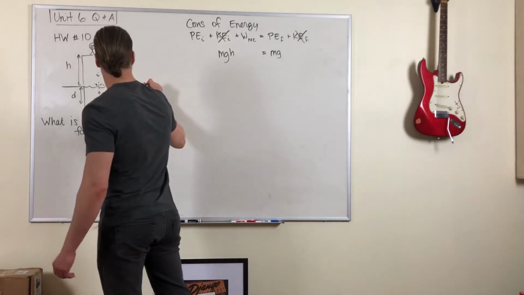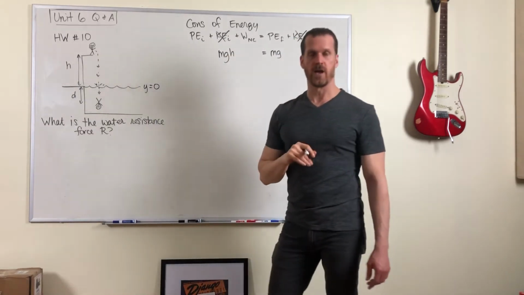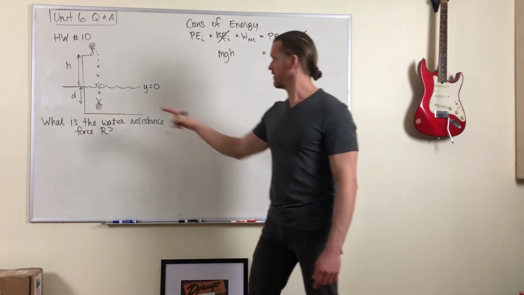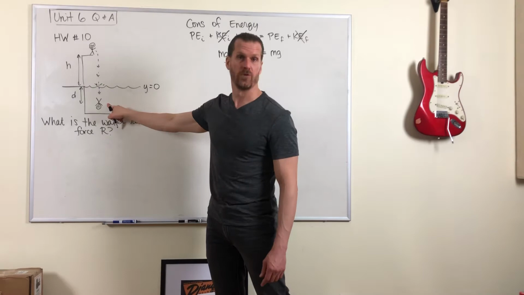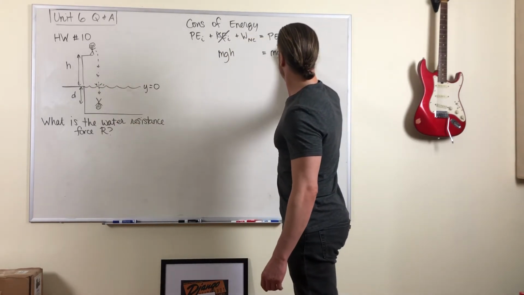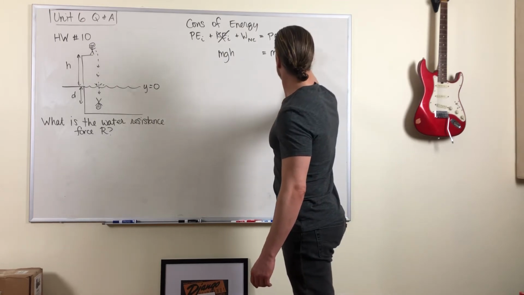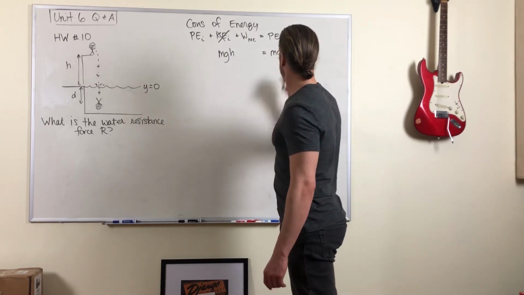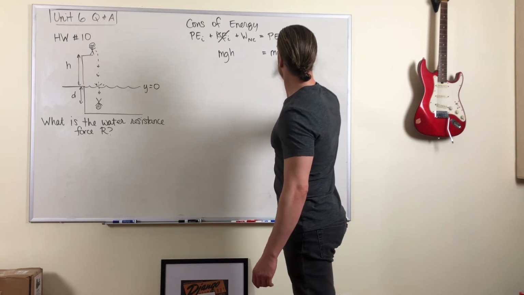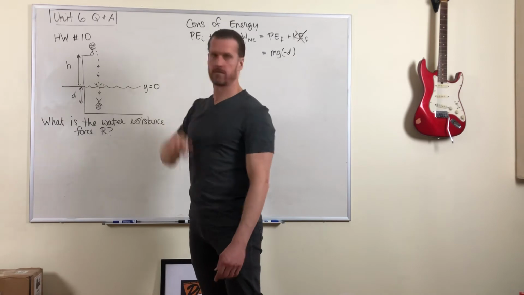If we say that water level is 0 height, then the diver finishes below 0. So this final height, since it's below 0, I'll write negative d. That distance d, but below 0.